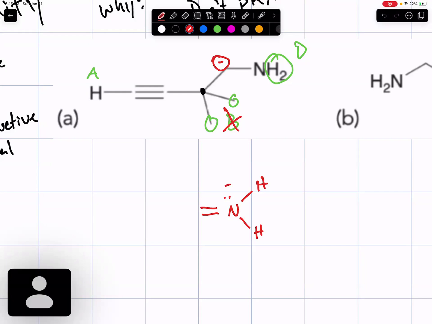Is this possible? And technically this would be 2 minus. Is this possible? Why or why not? If we push this here, is that considered resonance? Is that even possible?